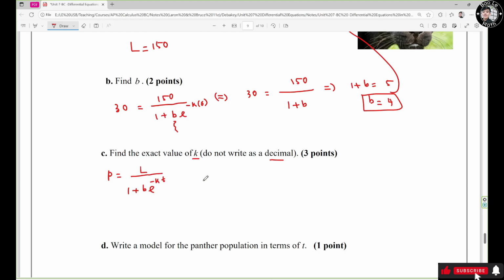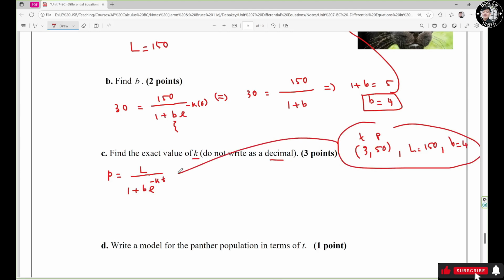This one is t, this one is P. The carrying capacity L equals 150, and B equals 4. We substitute the whole thing into this equation to solve for k.